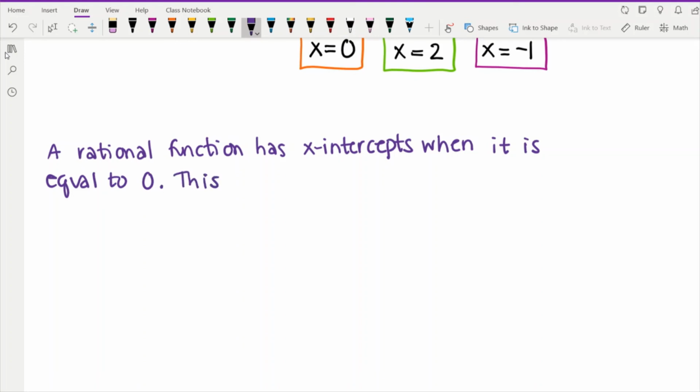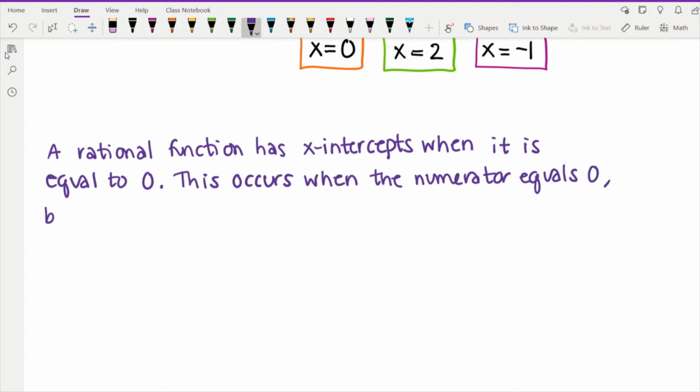This occurs when the numerator equals 0, but the denominator does not.